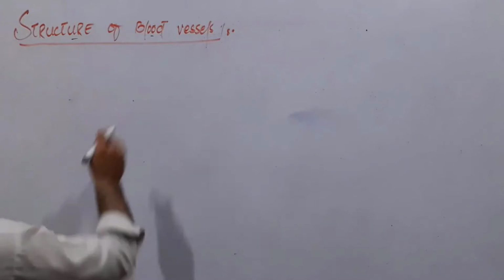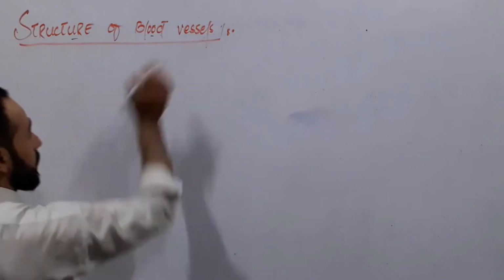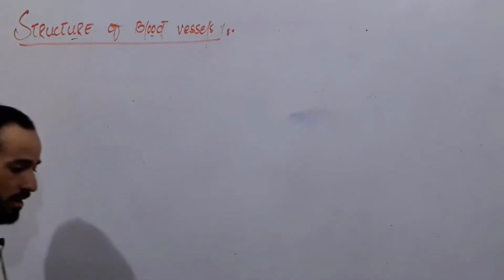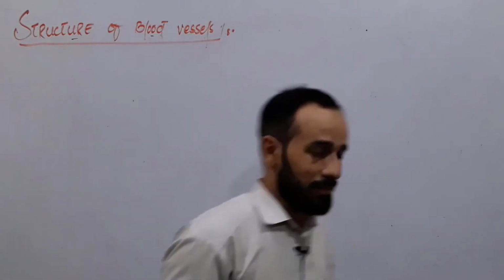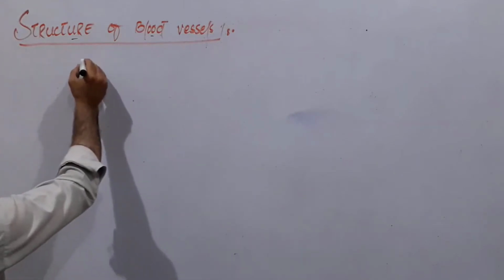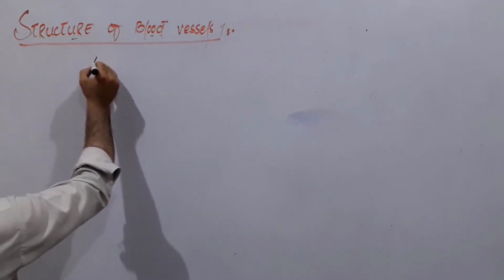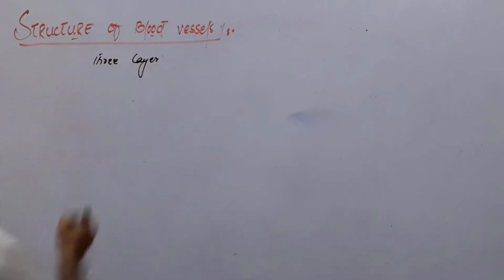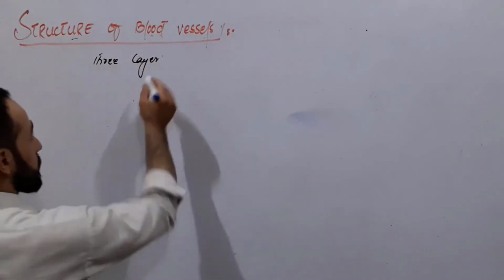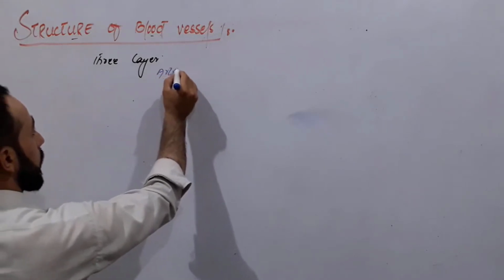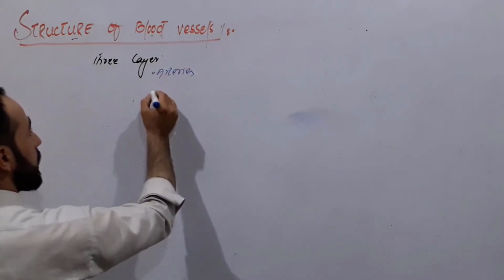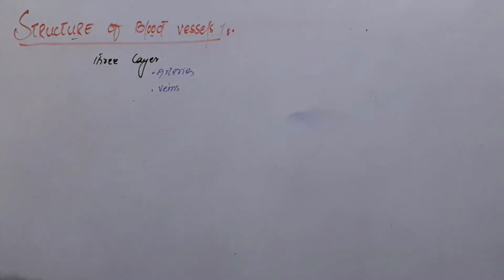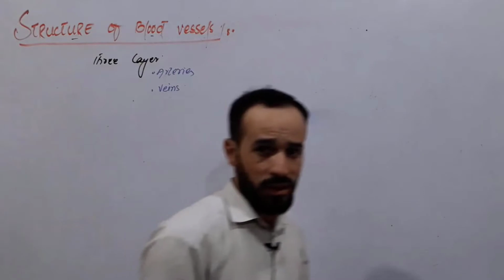First of all, let me tell you that blood vessels, especially the large blood vessels, are made up of three layers. The walls are made up of three layers. Let me write them, three layers. I'm talking about large blood vessels, arteries and veins. As we know, our capillaries don't have three layers.